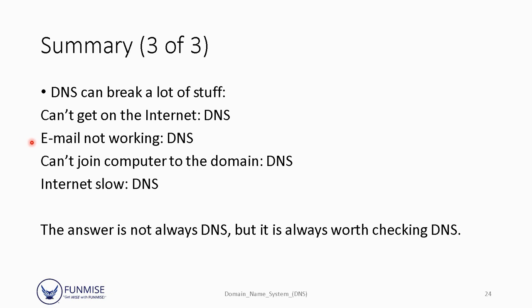And if there's issues with those MX records, you could have email issues. So if your email is not working and maybe you recently changed providers, you may want to check your DNS records. If you can't join a computer to the domain, believe it or not, DNS is involved in this also. Usually, the primary DNS on a system, when you're first trying to join a domain, better be able to locate those domain controllers. If not, you may not be able to join that computer to the domain.